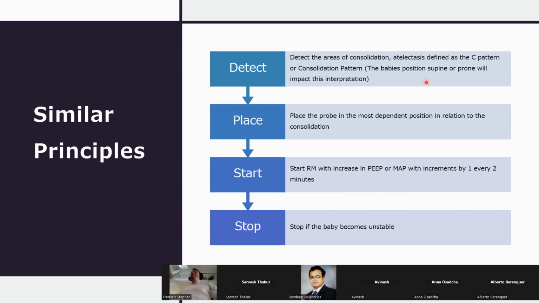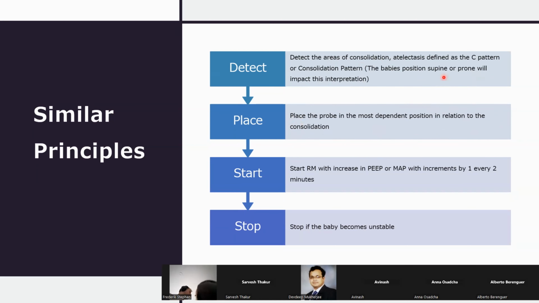So they would do a comprehensive scan, noting the baby's position right at the start. If the baby is supine, really what they're looking to see is areas of consolidation atelectasis and trying to look at the areas that are most maximally affected. They would identify those areas, and then put their probe in the areas of maximum consolidation atelectasis in the most dependent position.